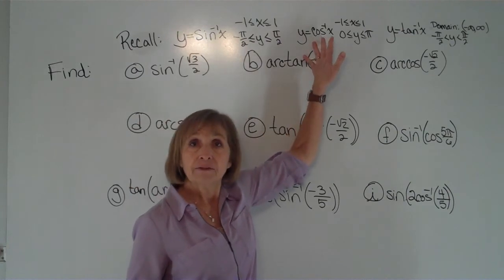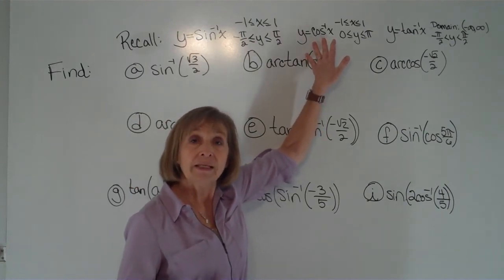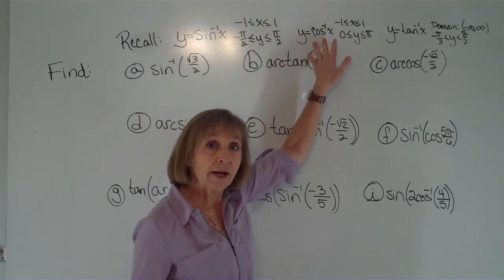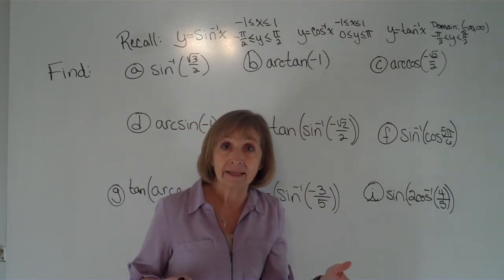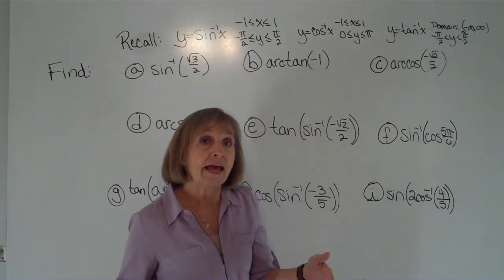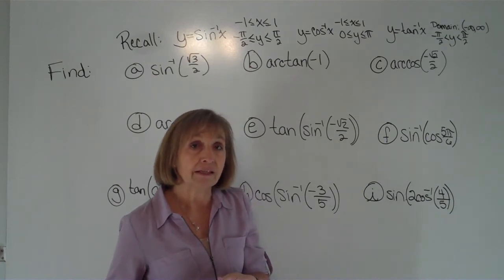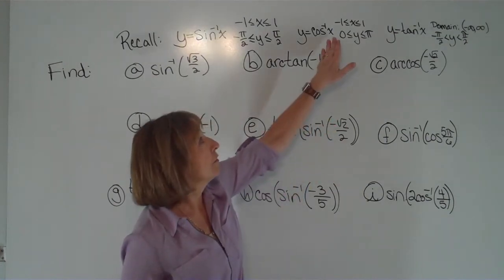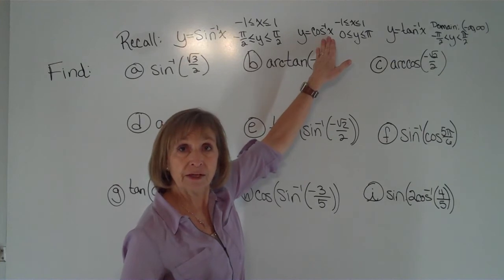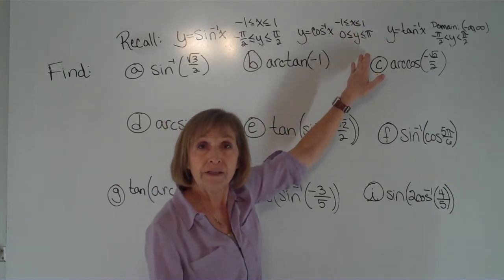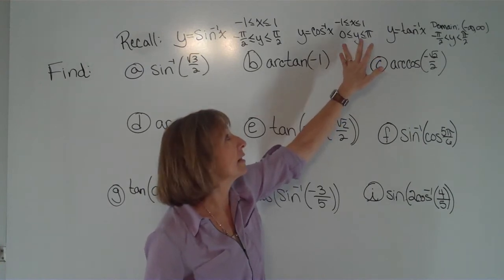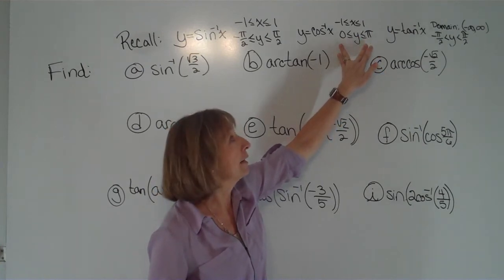For y equals inverse cosine of x, we needed to restrict the domain of y equals cosine of x from 0 to pi. And then that became the restriction on the inverse cosine function. So for the input for the inverse cosine function, it's from -1 to 1. And for the output, it's from 0 to pi.